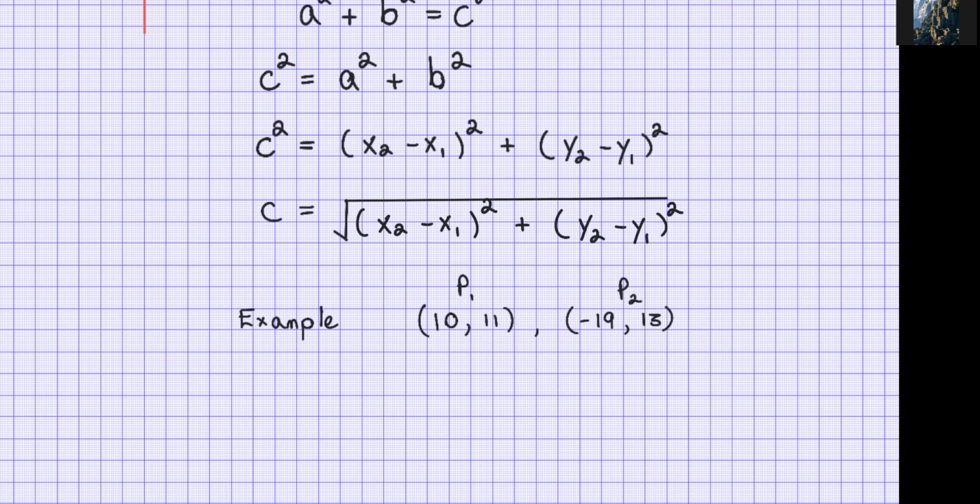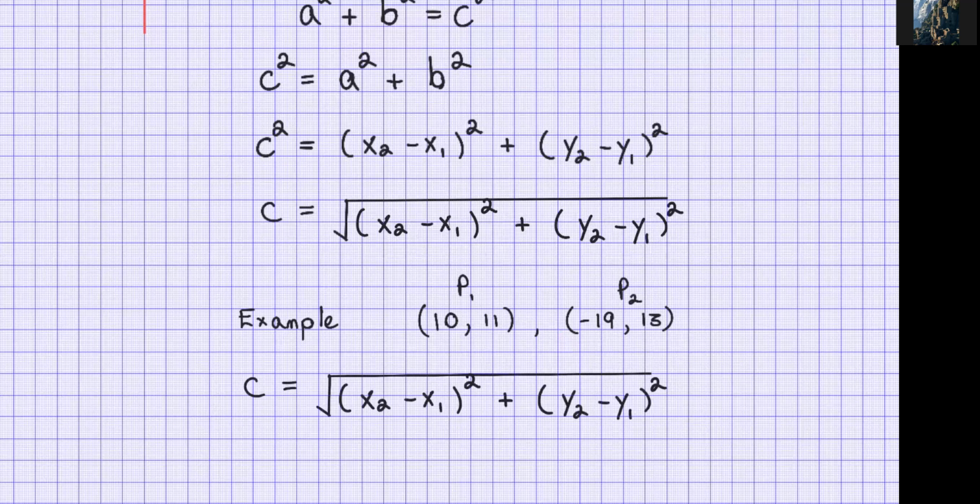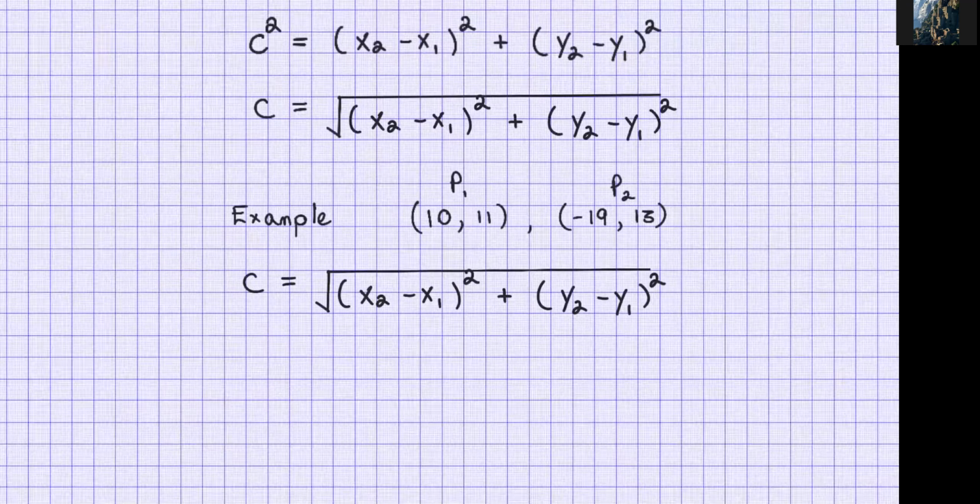So I am going to use the same formula, because this is the formula that gives us the distance between any 2 points. So let's begin.